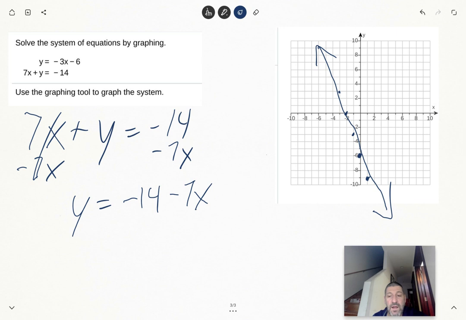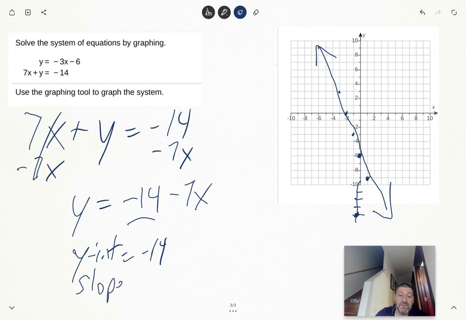The difficulty here is that the y-intercept is going to be off our graph a little bit. But we can imagine, let me extend my graph a little bit, 11, 12, 13, 14. You shouldn't run into this problem on Math Excel. So I put our y-intercept at negative 14, and then the slope would be this negative 7.